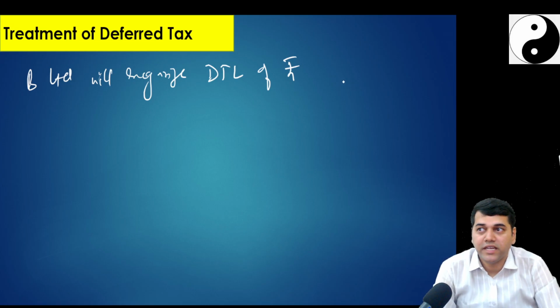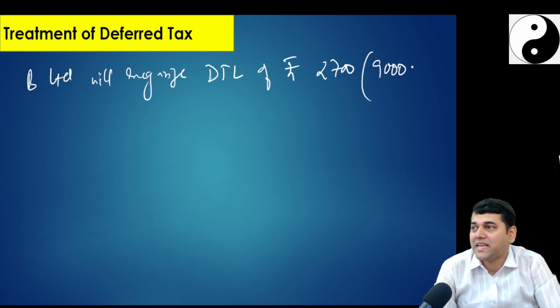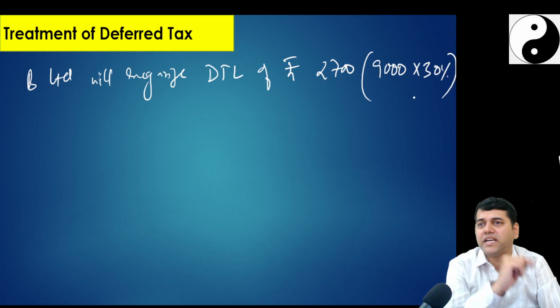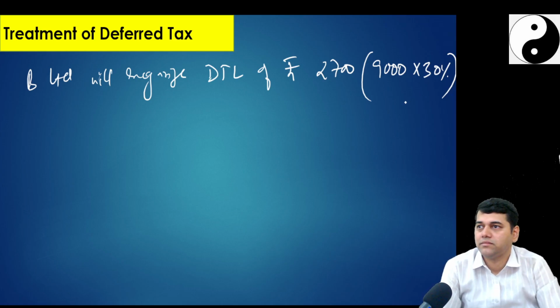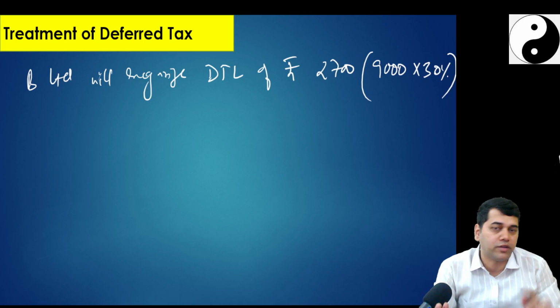Deferred tax liability I need to recognize. Dhanashri, how much? 2,700. How did you get this? On 9,000 rupees is the taxable temporary difference into 30%. Do you need to apply any condition to verify this? Not required. I need not verify any difference. Straight away 2,700 I have to recognize.